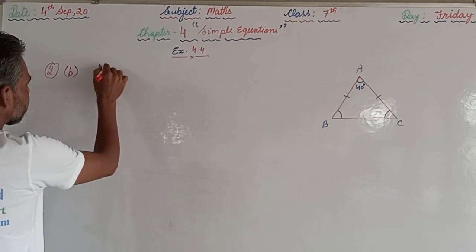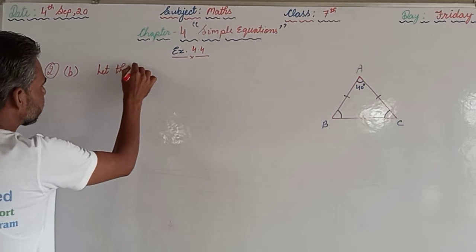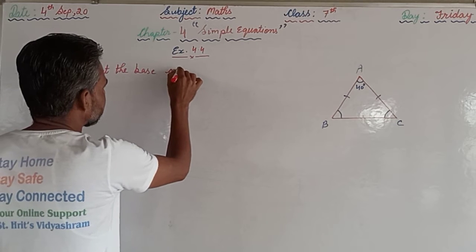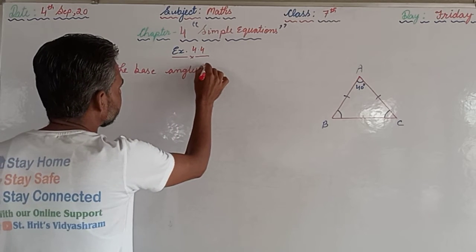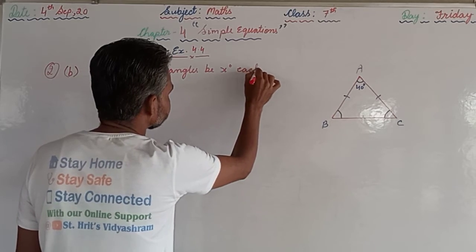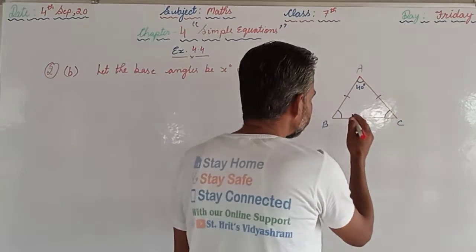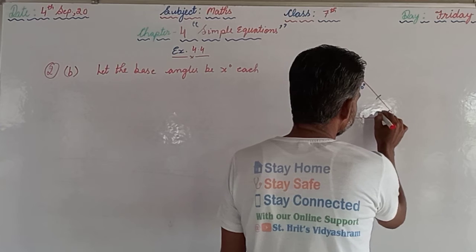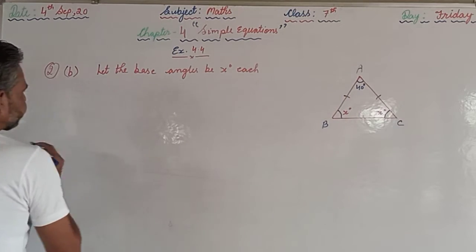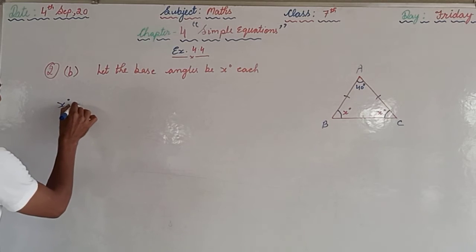Let the base angles be x degree each, means both will be equal, x degree and x degree.